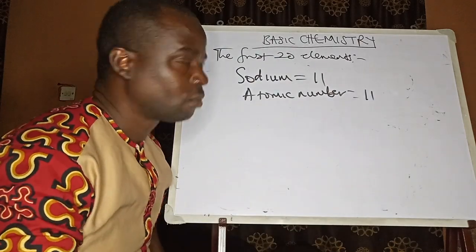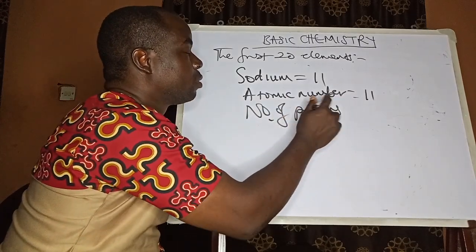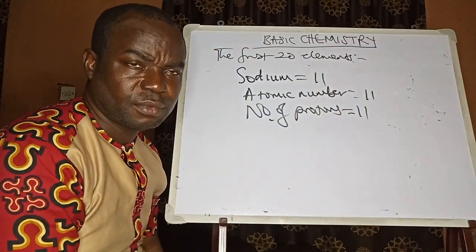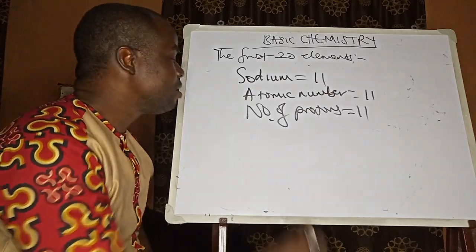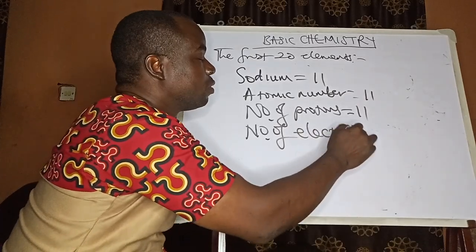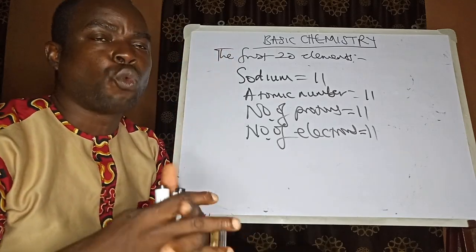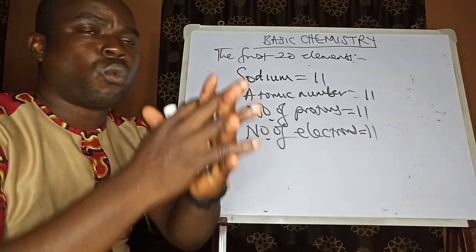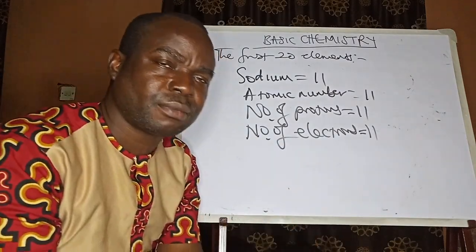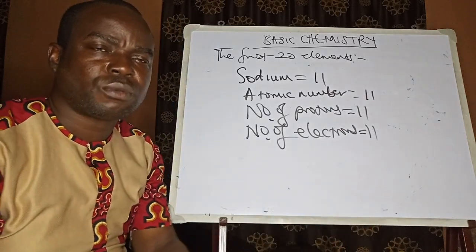Take note. Now, the number of protons is the same thing also as the atomic number. Then the number of electrons is also the same thing as atomic number. Pick these key points in this video 1 of the series. Once you pick the serial number of an element, that number becomes the atomic number, and that number becomes the number of protons, and that number becomes the number of electrons.